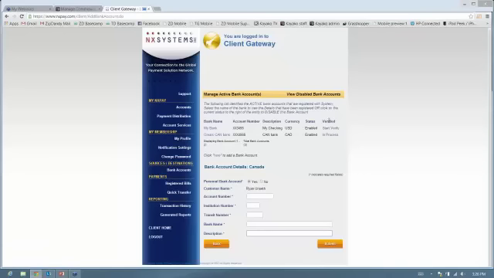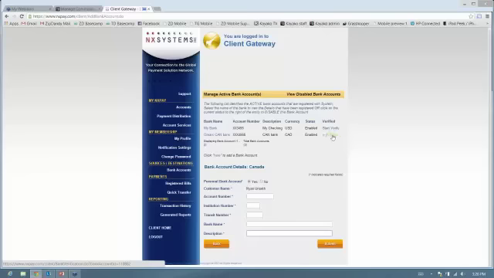Now, this is a lot like PayPal, if you guys have ever created a PayPal account. What's going to happen is you have to verify that this is your account. So you will click on Start Verify, okay, and what NX Systems is going to do is they're going to make two very small deposits into your bank account. You know, 1 cent, 2 cents, 3 cents, 4 cents. Two of those transactions that within 48 to 72 hours you're going to see, and you will be able to log back into this area.